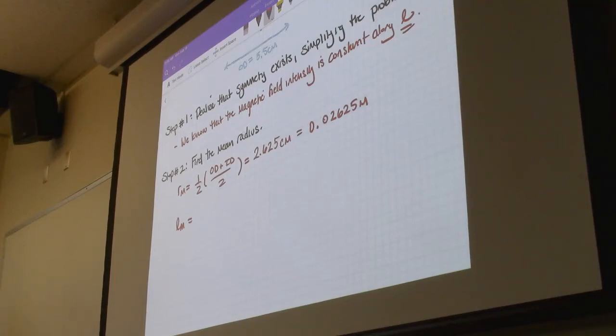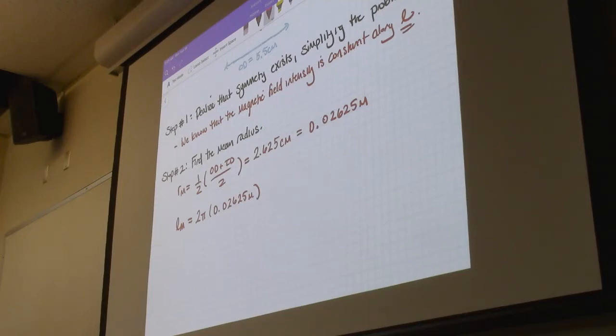Now, the length is going to be calculated in the same way as the circumference, right? So 2 pi r. So we will have 2 pi times 0.02625 meters. Hopefully it gives me the same value. Let me check it.